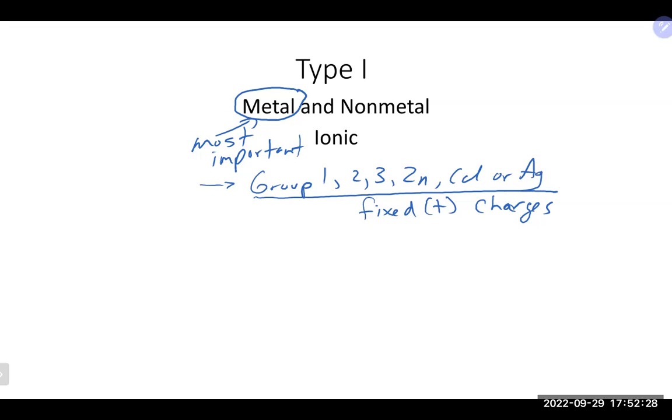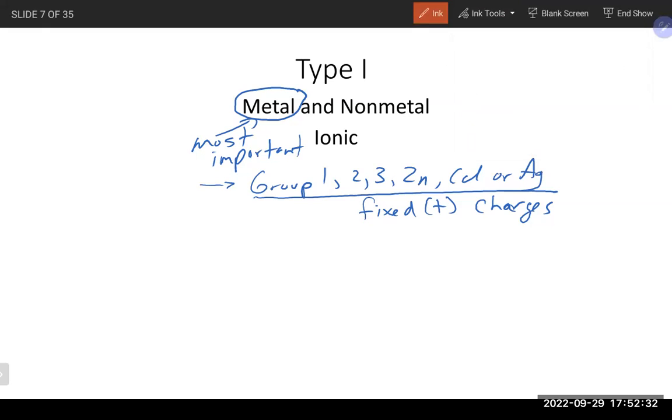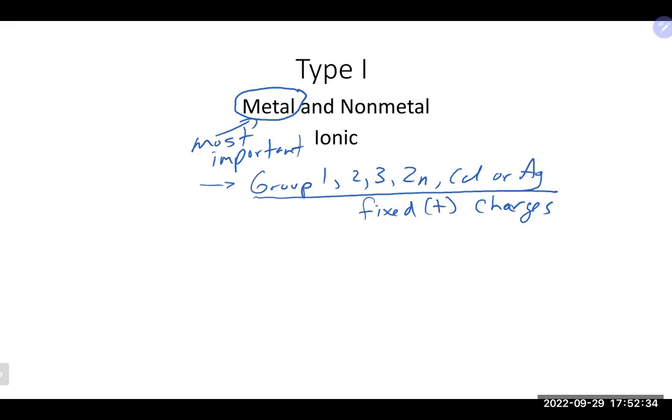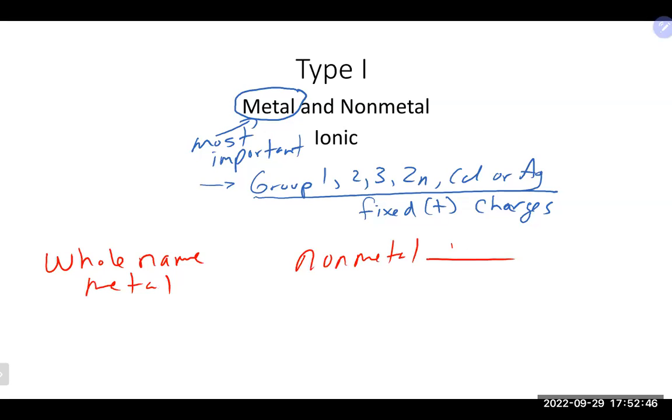And when we name a type 1 compound, it is a pretty simple formula. You pretty much use the whole name of the metal. And for the non-metal, you drop the last part of the name and you replace it with the -ide. So very simply, whole name of the metal, -ide on the second.